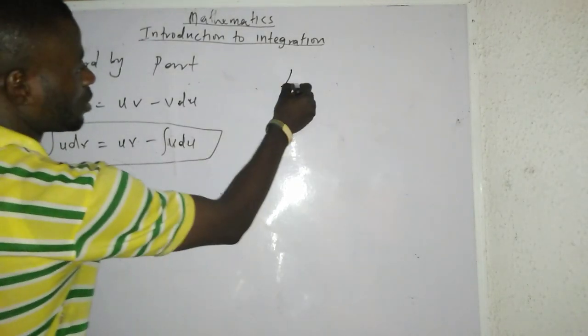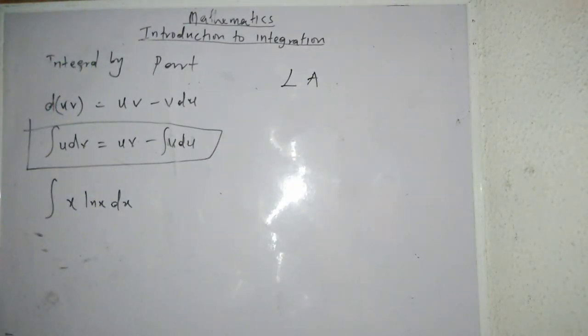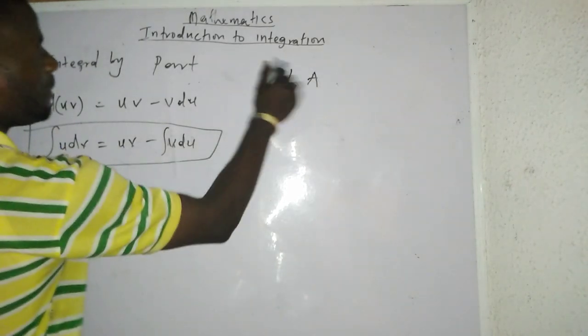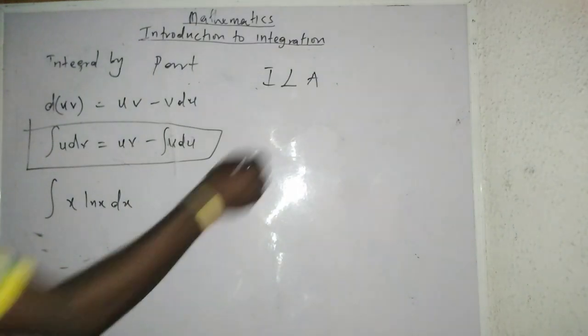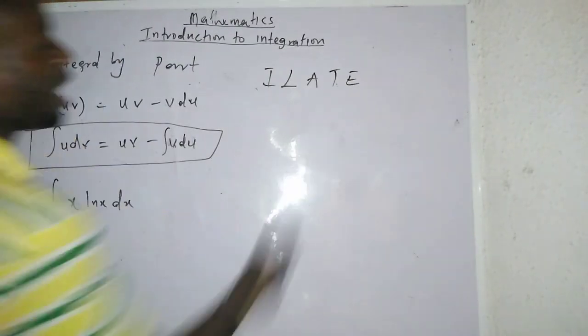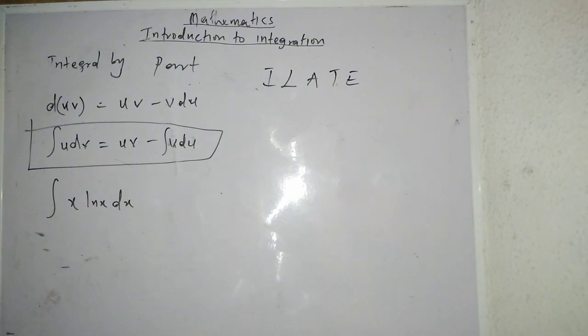Let me write it there: init. This is very important. I is for inverse trig function. L is for logarithm function.